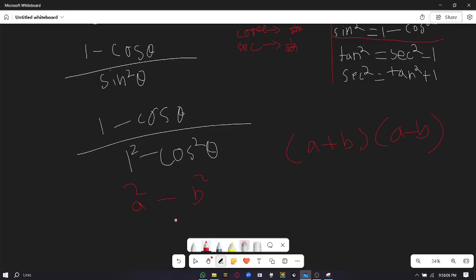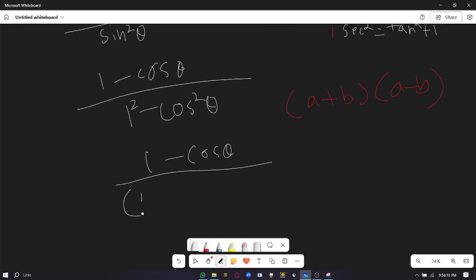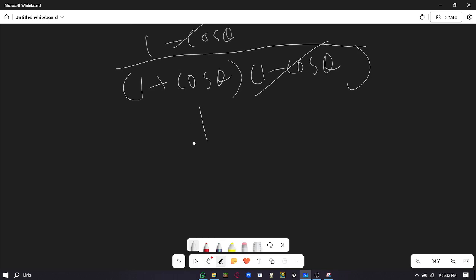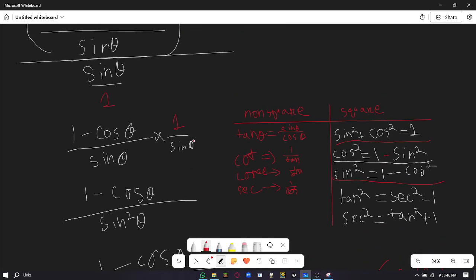So the bottom will have 1 plus cosine of theta multiplied with 1 minus cosine of theta. Here, this one and this one cancel out, leaving us with 1 by 1 plus cosine of theta, which is equal to our right-hand side, RHS. Hence, proved.